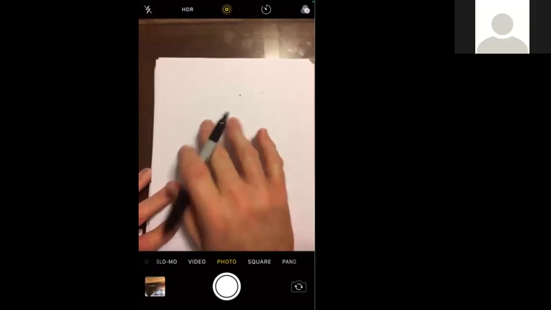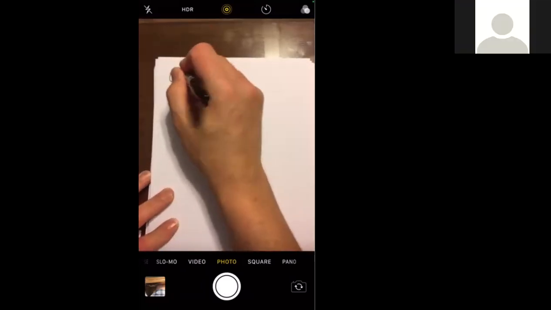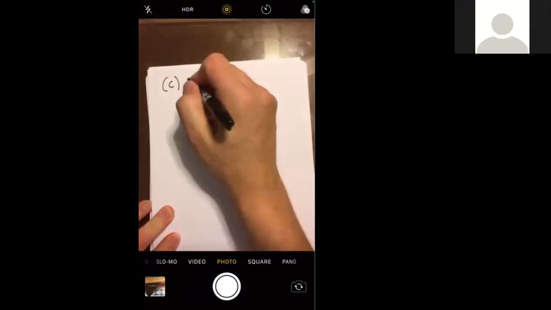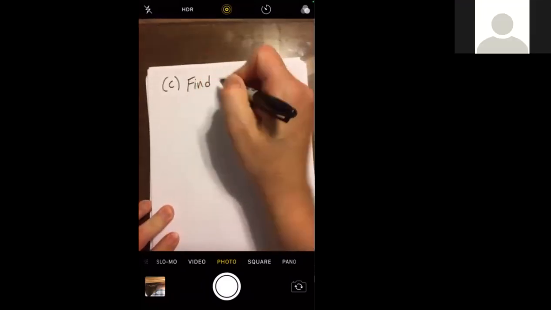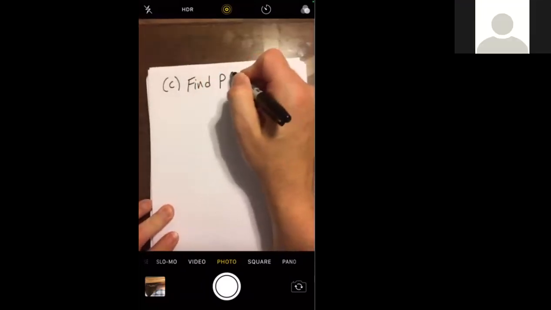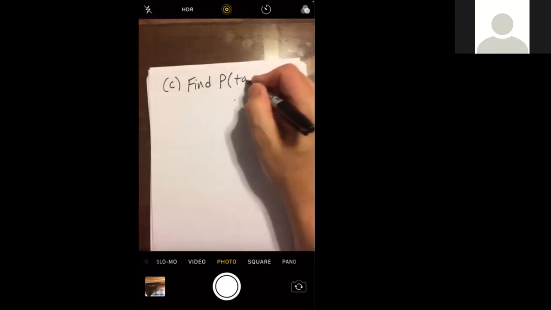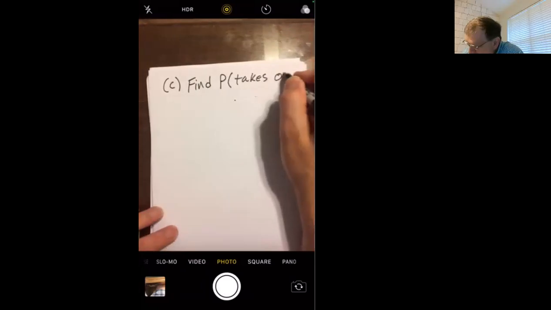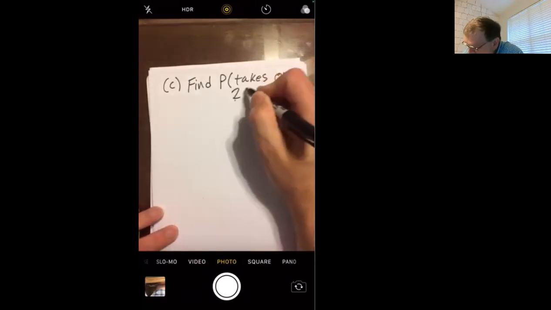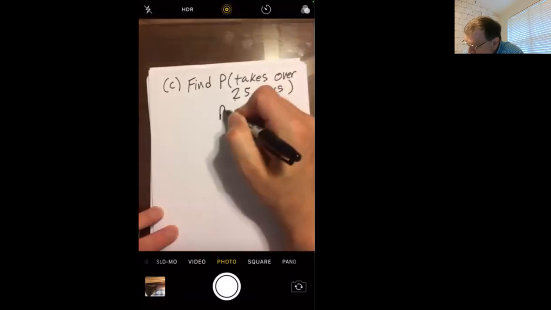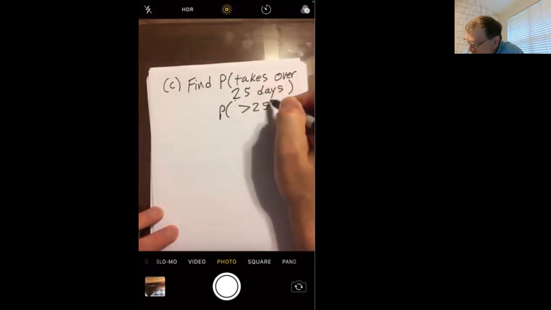All right, you ready to try part C? Part C says find and interpret the probability that a randomly selected fertilized egg takes over 25 days to hatch. You could shorten that up, say probability greater than 25 days.